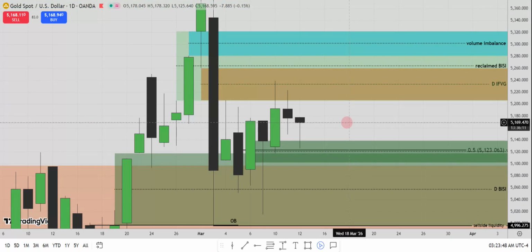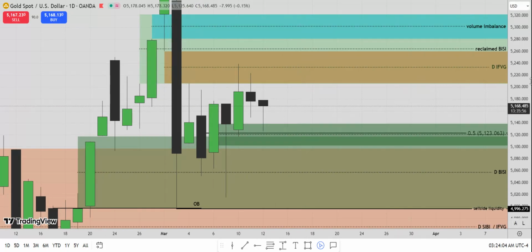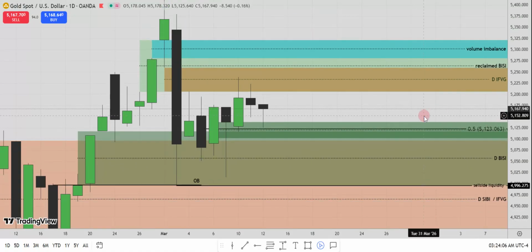I wanted you to slow down and understand how these daily candlesticks are closing and are opening. Because that is the most important thing.